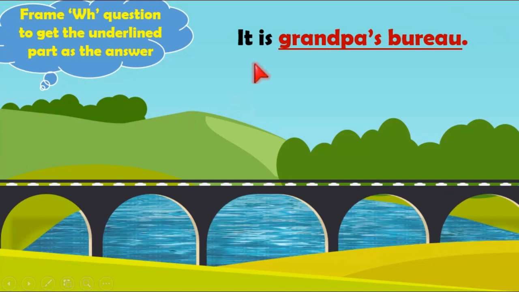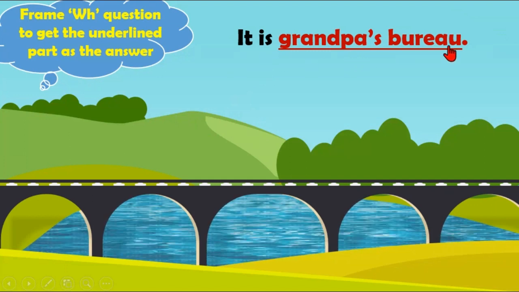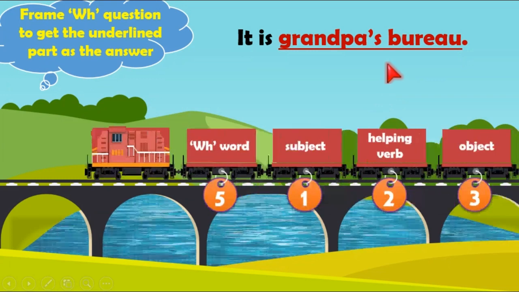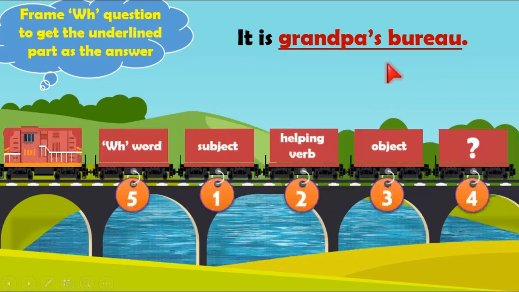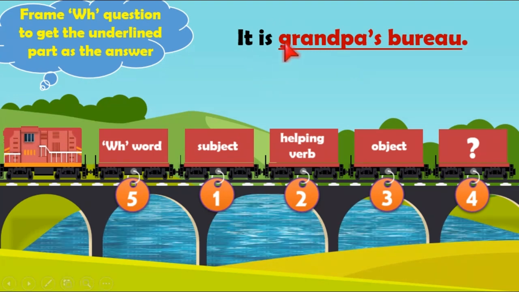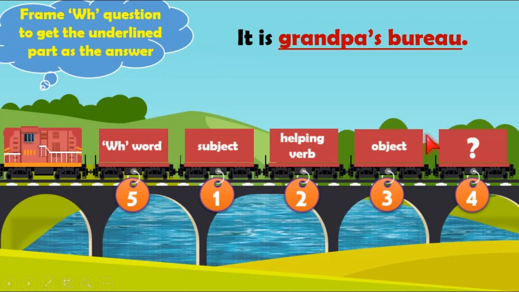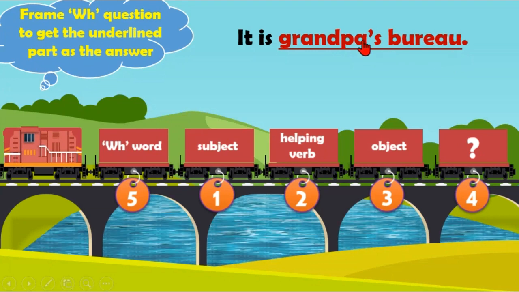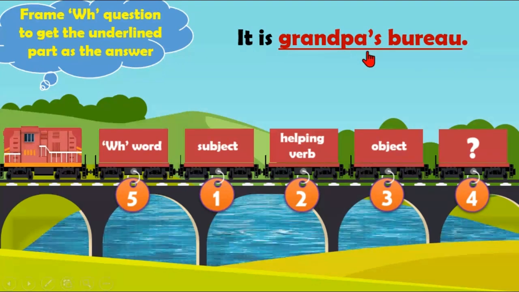Look at another example. It is Grandpa's bureau. We have to get the underlined part as the answer. Then how can we make WH questions? Here the helping verb is not important at first. The structure is different, because the underlined part, Grandpa's, tells us ownership or possession.